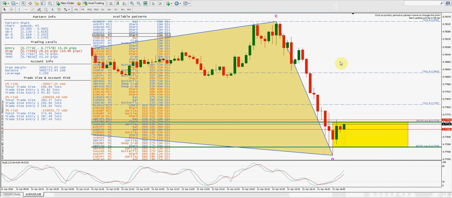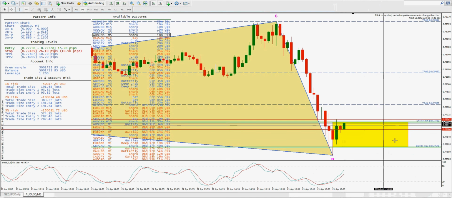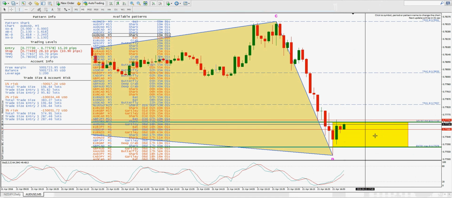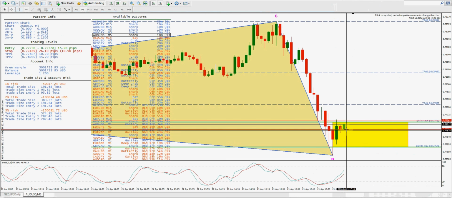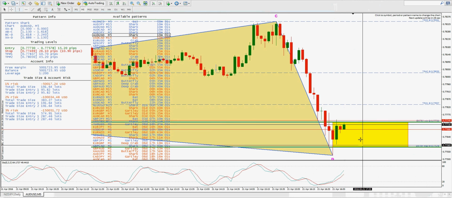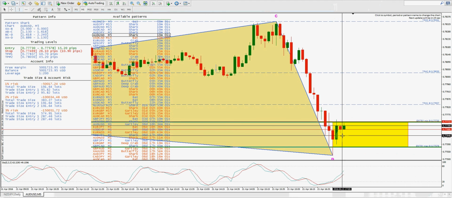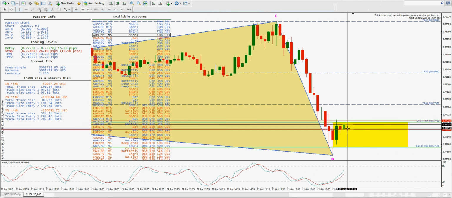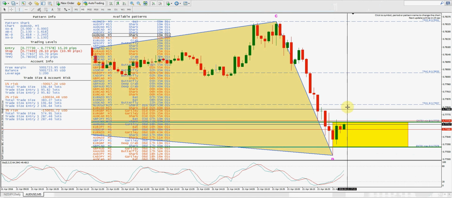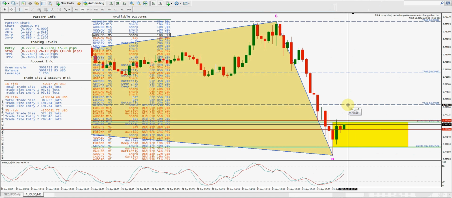All right, the reason I took this trade should be pretty self-explanatory. As you guys can see here, we're definitely in between these two buying areas, which means we want to take a buy trade anywhere in between here. So hopefully the market will go ahead and push out and get up there towards that first take profit now.